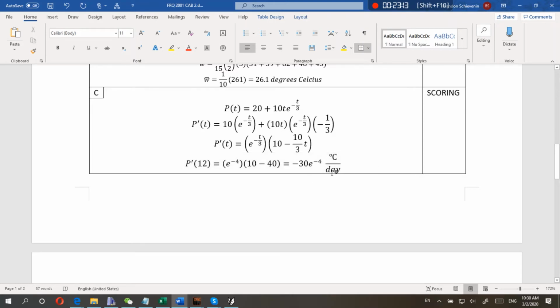So on day number 12, the temperature is decreasing at a rate of 30 e to the negative fourth degrees Celsius per day.